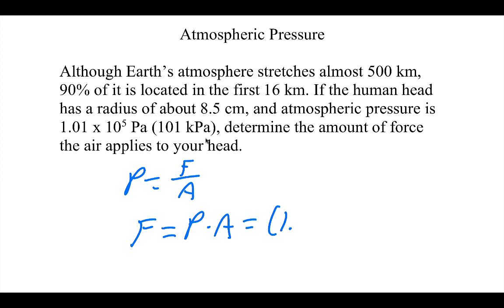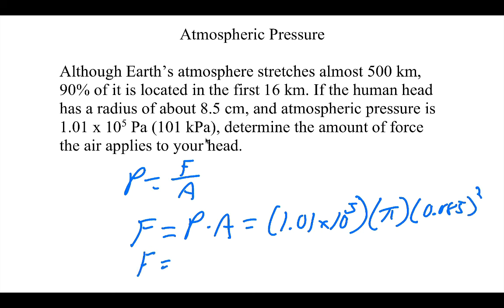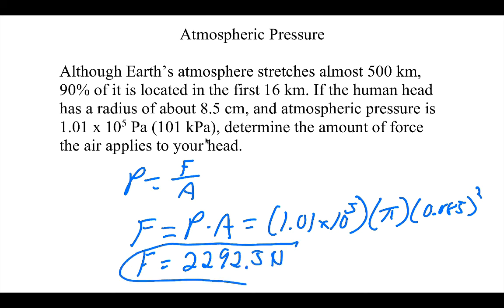So we have air pressure of 101 kilopascals, 1.01 times 10 to the 5th, times pi r squared, which gives a force of 2,292.5 newtons. Now, that's a significant amount of force when you think about it.